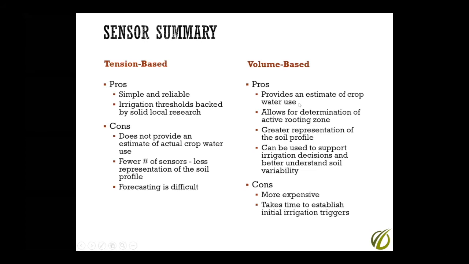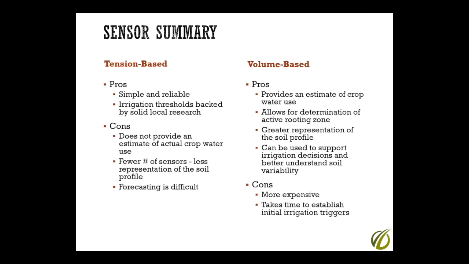So, volumetric type sensors, some of the pros of that is we're looking at an actual estimate of crop water use. So I have the ability not only to look at it from an irrigation timing perspective, but also from a more agronomic systems type perspective. And I can ask the question, is my crop getting the water that it needs?